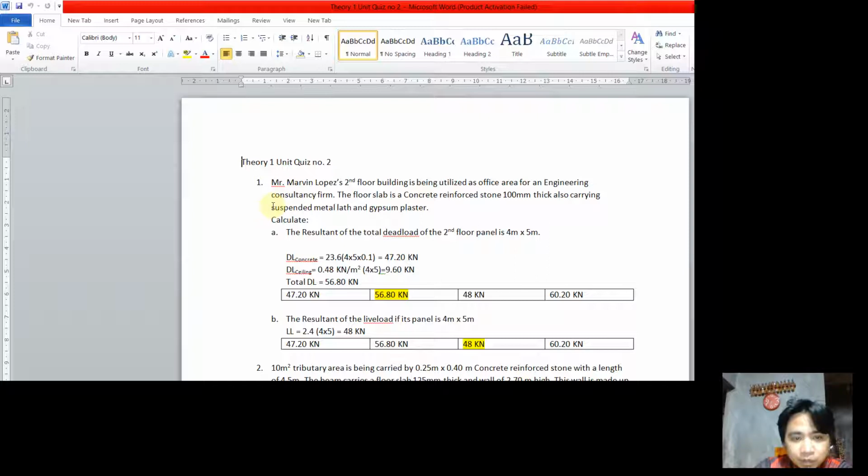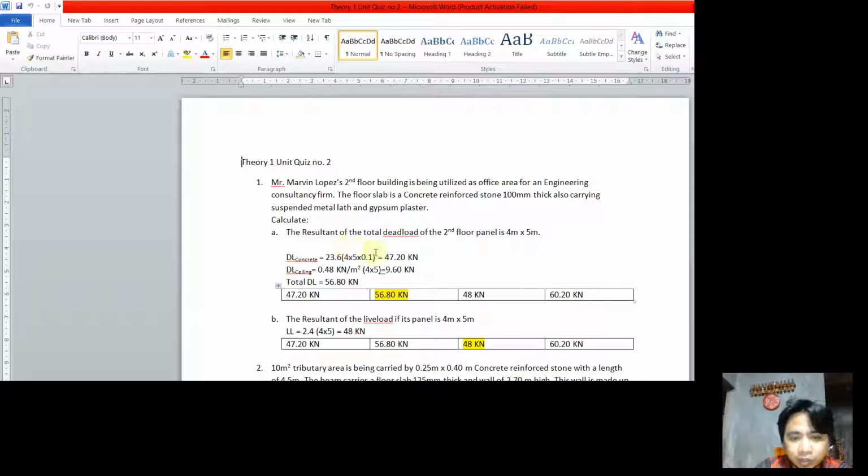So 23.6 is multiplied by the tributary area, that is 4 by 5, and by the thickness, so that we will have 47.2 kilonewton. For the dead load in the ceiling, we have 0.48 as a pressure, so we'll just multiply that by the area. So we have 9.6 kilonewton. Adding that, we have 56.8 kilonewton.